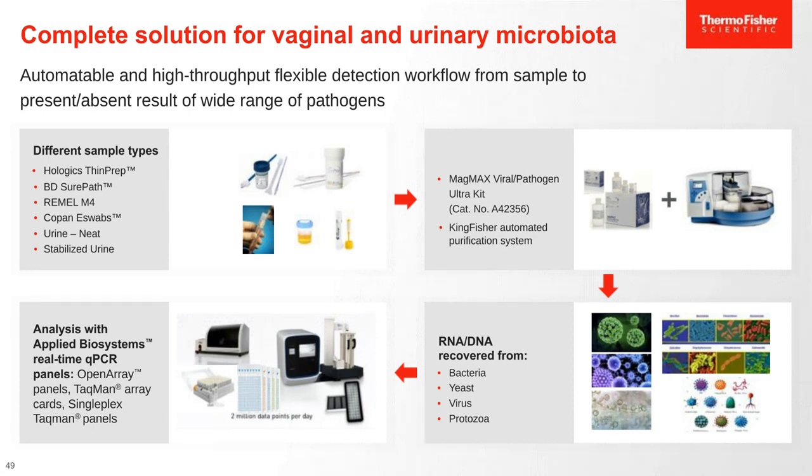And so what it will allow is recovery of both RNA and DNA in your elution, including bacteria, yeast, virus, and protozoa. And then once you have this nucleic acid, then you can move on into our various TaqMan PCR panels. And these include up to the most high throughput, which is the OpenArray, to more low throughput, which will be our singleplex TaqMan panels.